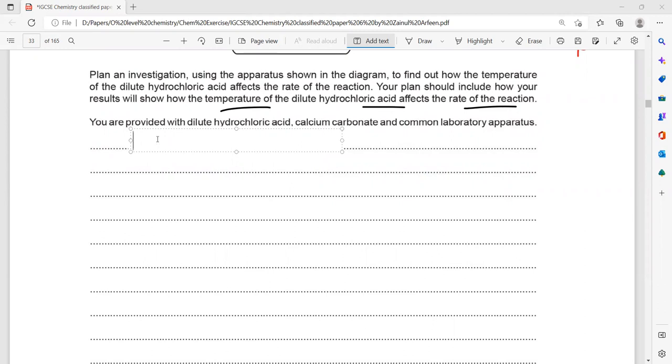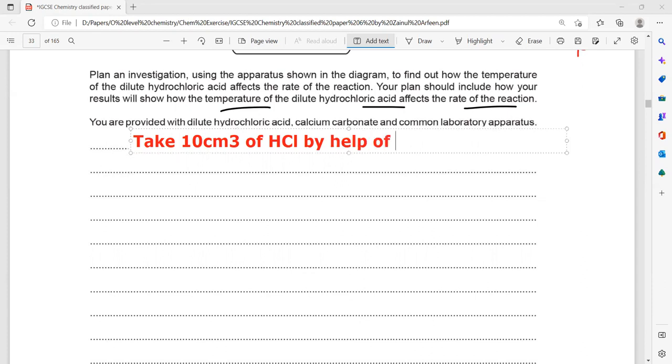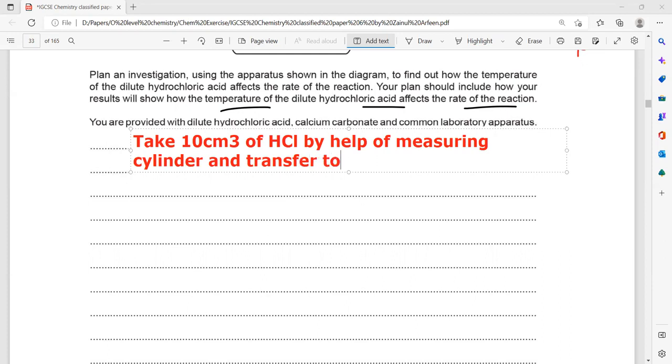Like what we did here, we take 10 cm cube of hydrochloric acid with the help of the measuring cylinder and transfer it to a conical flask. That is one thing.